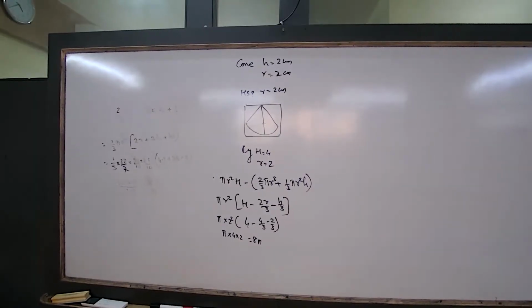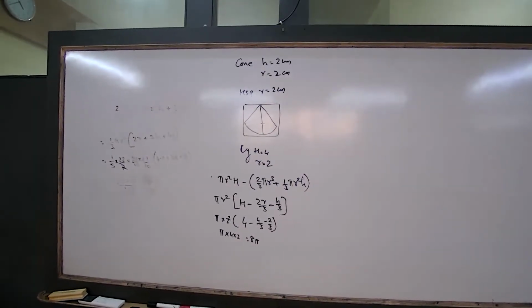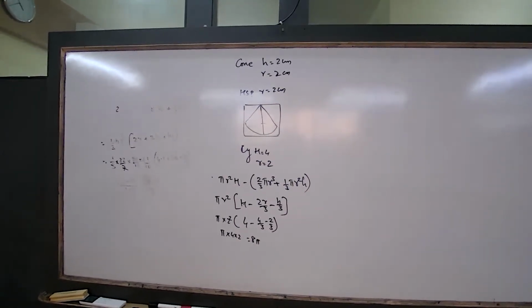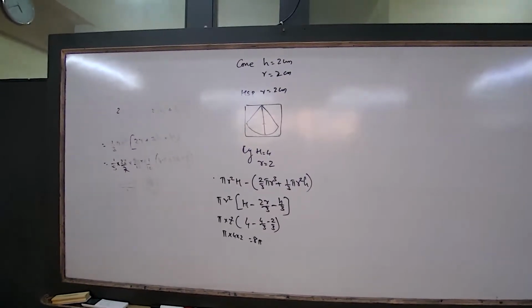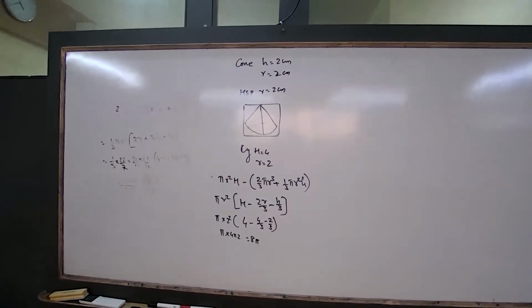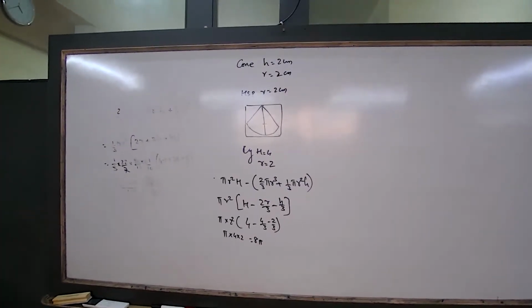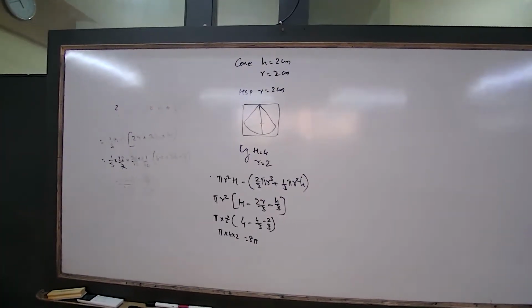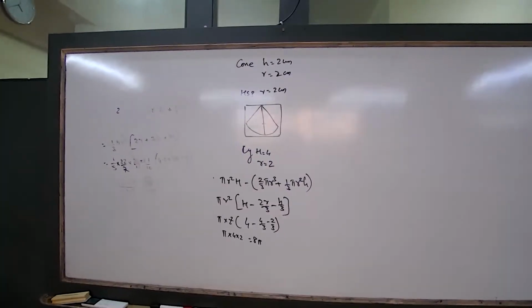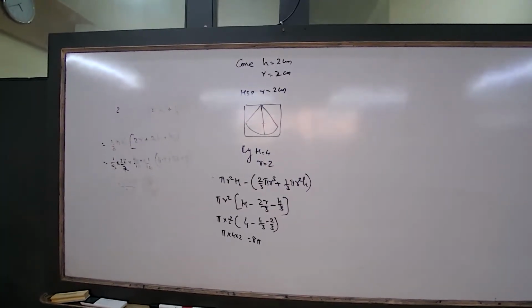These are different types of questions that are coming. The rainwater from a roof 20 meters by 20 meters drains into a cylindrical vessel having diameter of base 2 meter and height 3.5 meter. If the vessel is just full, find the rainfall in centimeters.